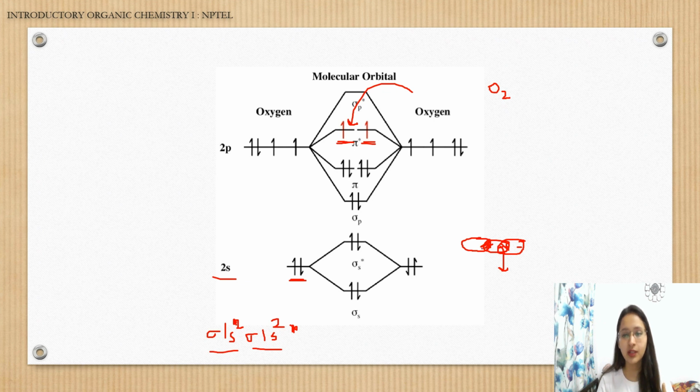But if this positive positive overlap is taking place, with another s orbital overlapping this positive side, matching, then this will give rise to a bonding orbital. This bonding orbital will have a lower energy than the anti-bonding orbital, but electrons are going to fill in both of the orbitals, right?